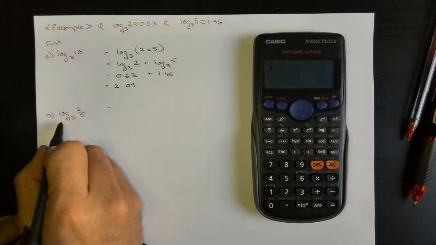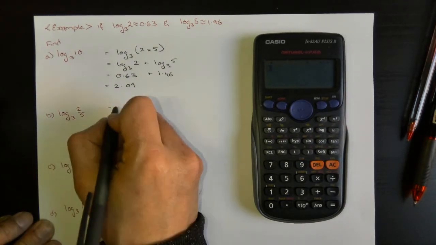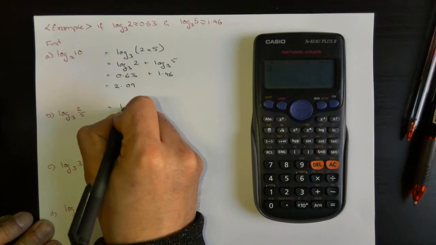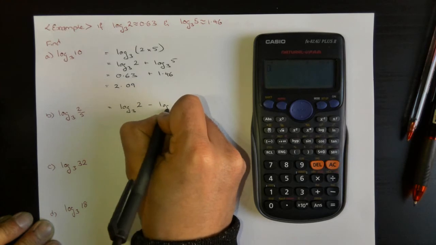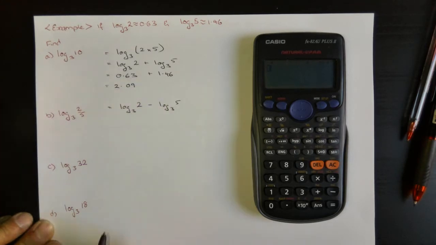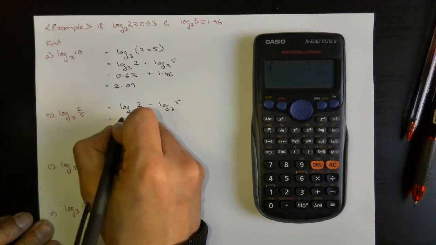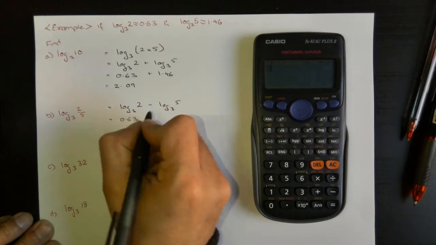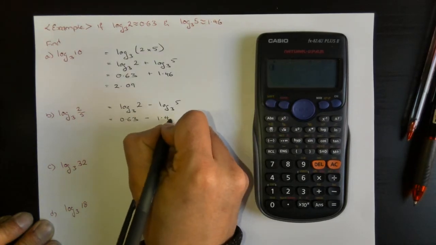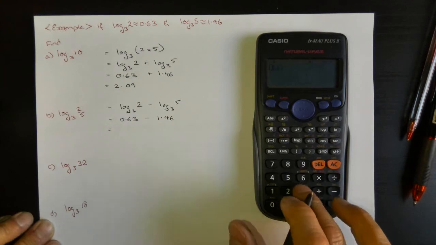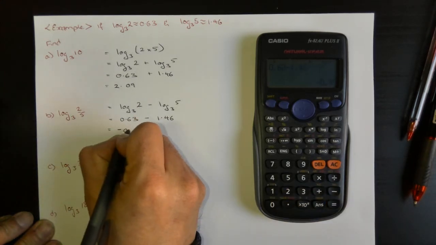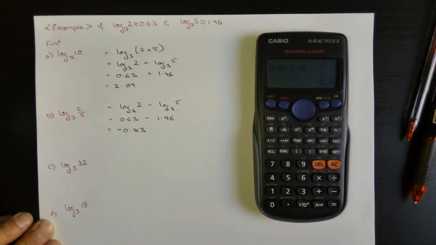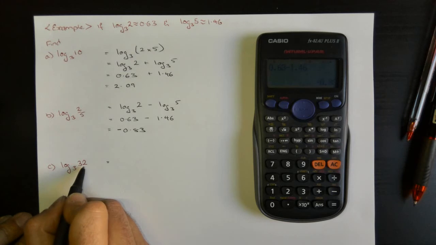Okay, log 2/5 base 3. Well, that's the same as log 2 minus log 5. And log 2 was 0.63, log 5 was 1.46. I get negative 0.83. Now, we've got log 32.